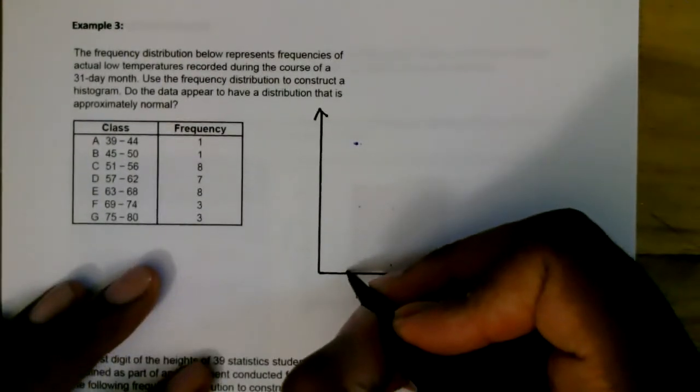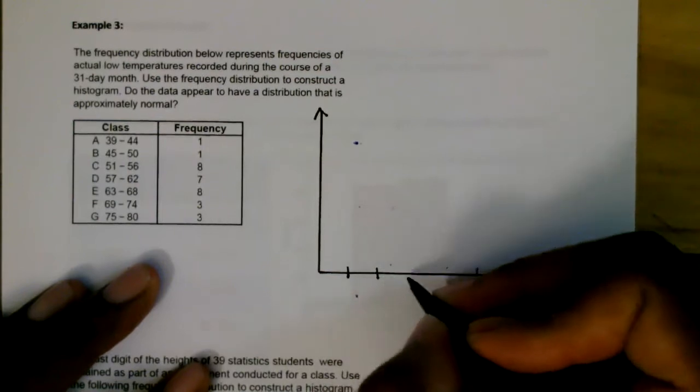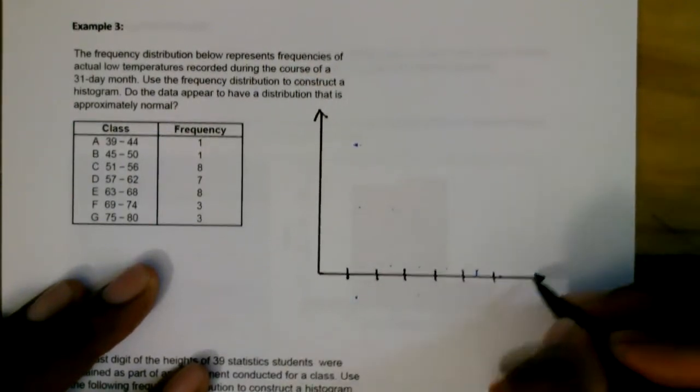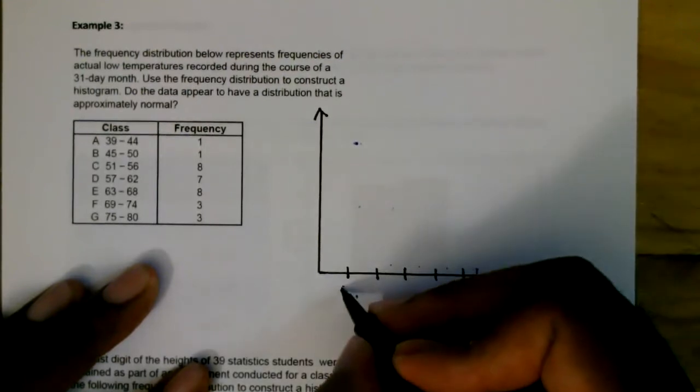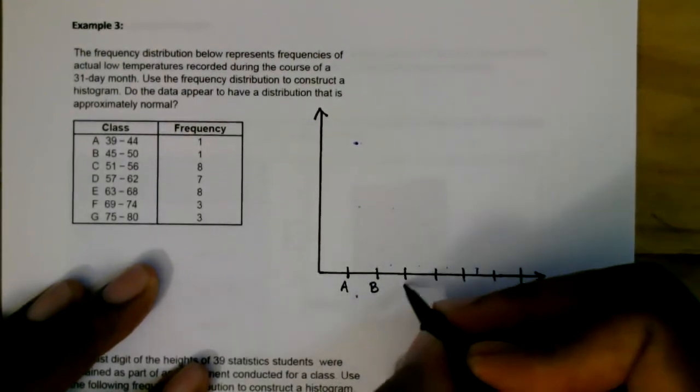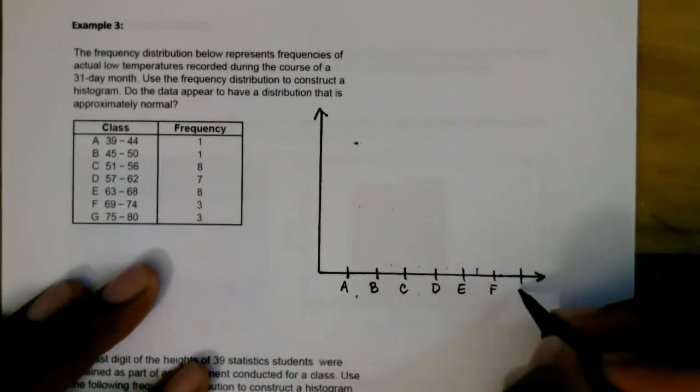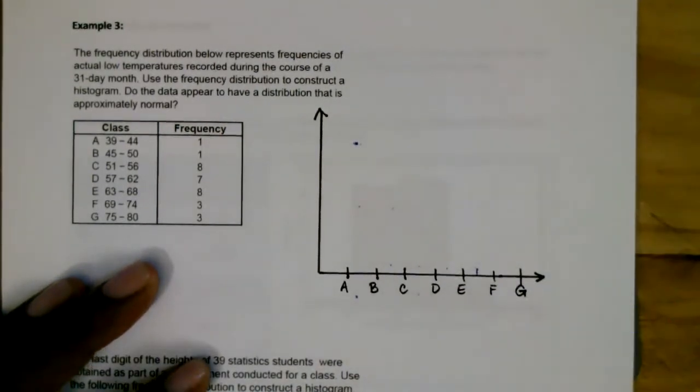There are 7 classes here. So here, I'm going to do 7 marks. I'm going to label these as A, B, C, D, E, F, and G. Let's see, my frequencies are from 1 through 8.